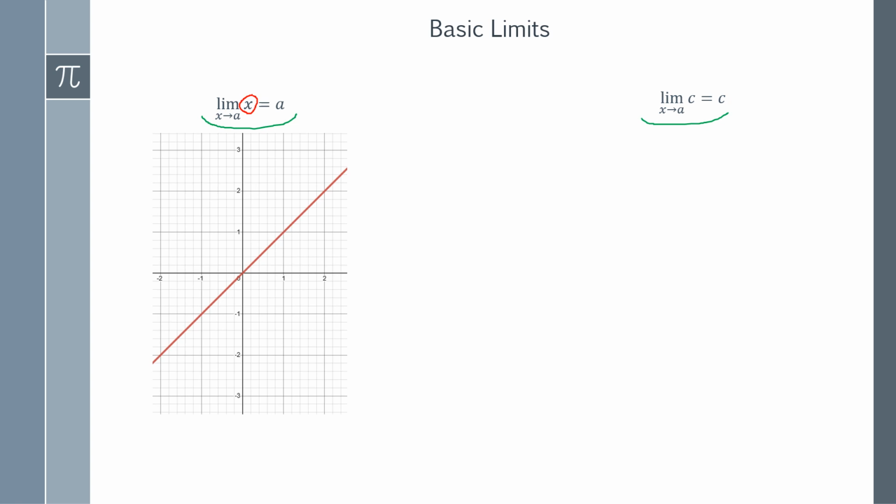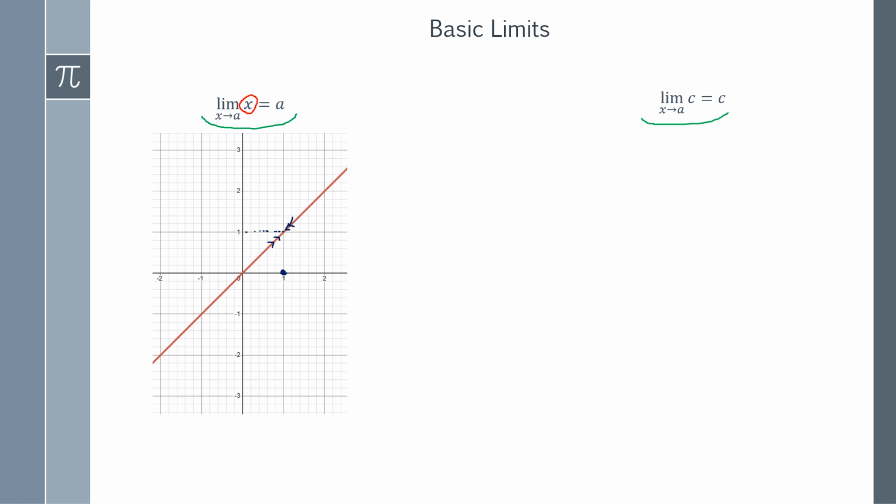So of course it makes sense that if we fix a, could be anything, but let's say a is equal to 1, then as we're approaching 1 from either direction, okay, what is going to be our limit? The limit will be the same value as x is approaching because the function is the identity function. Okay, so that's your graphical representation of this limit.